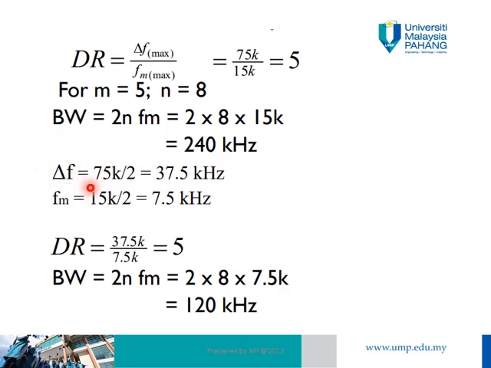Delta F is 75k over 2, which is 37.5 kilohertz. Fm is 15k over 2, which is 7.5 kilohertz. So DR is 37.5k over 7.5k equal to 5.